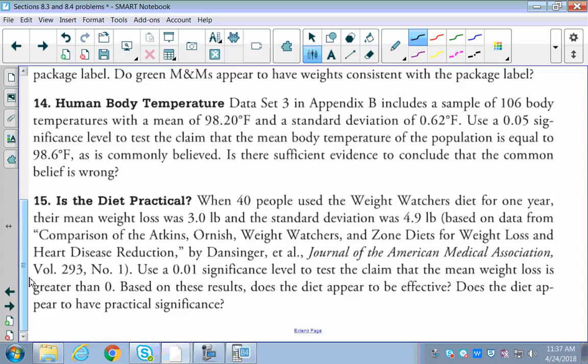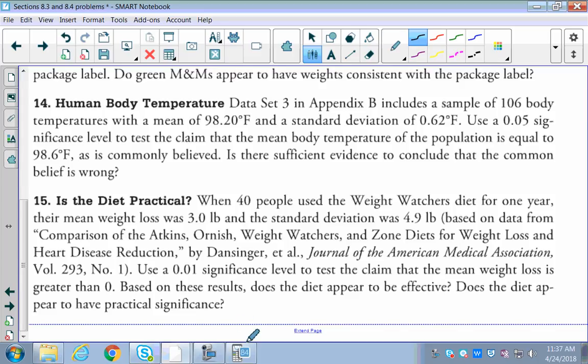So is this diet practical? When 40 people use the Weight Watchers diet for 1 year, their mean weight loss was 3.0 pounds with a standard deviation of 4.9 pounds. That's based on their data from comparison of all these different diets. Use a 0.01 significance level to test the claim that the mean weight loss is greater than 0.